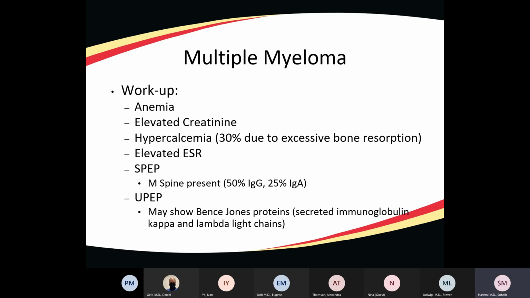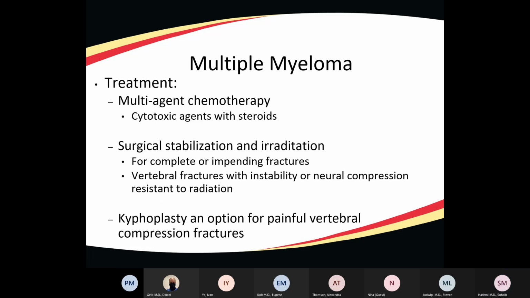And the Bence-Jones proteins are pathognomonic for that. Mainstay is, for most patients with multiple myeloma, multi-agent chemotherapy. And these are cytotoxic agents, a little bit older generation chemotherapy, but given with steroid.